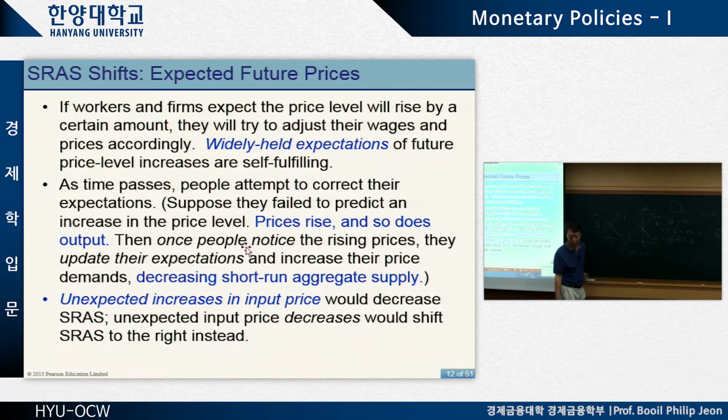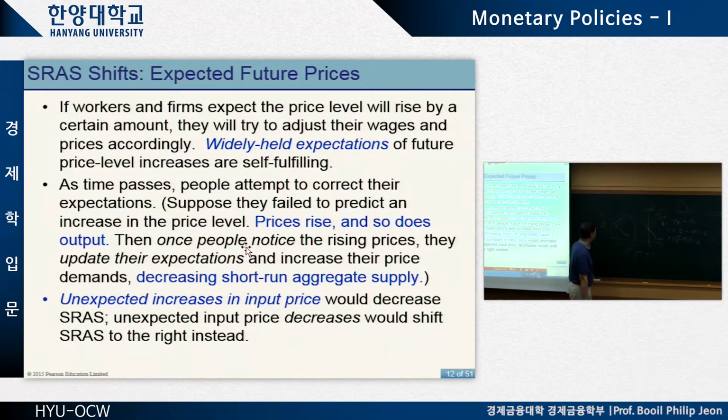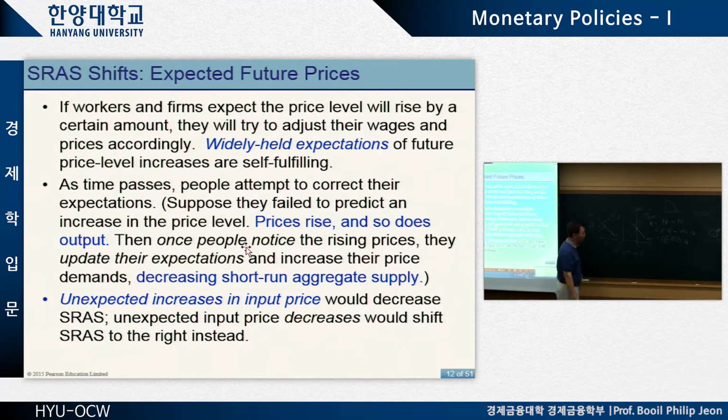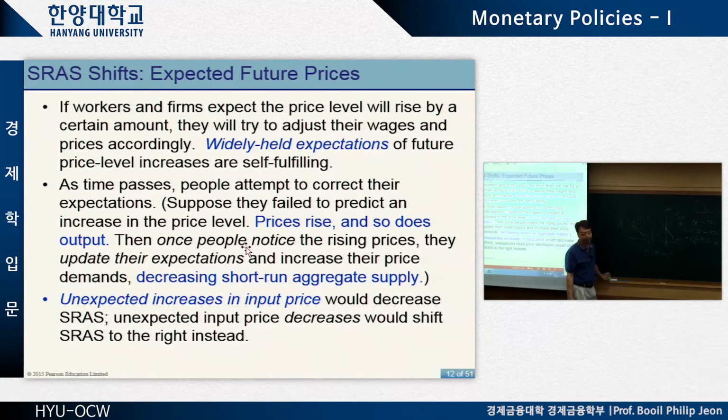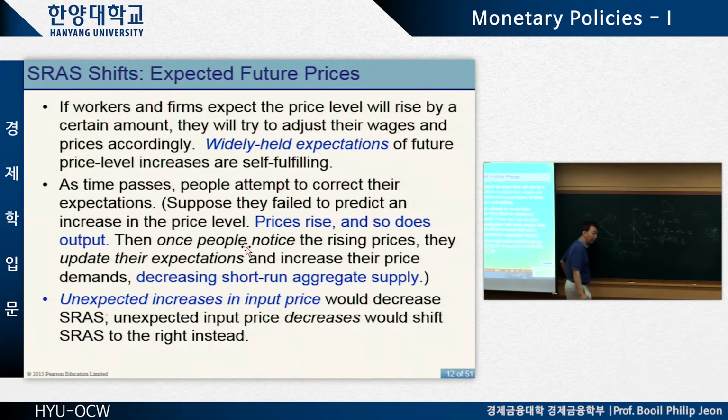Everything is going to be more expensive. Then they will demand higher wages. And that means in the labor market, the supply of labor decreases, and as a result, the wage would increase, because they demanded higher wages. And when the wages increase, then the short-run aggregate supply would decrease.